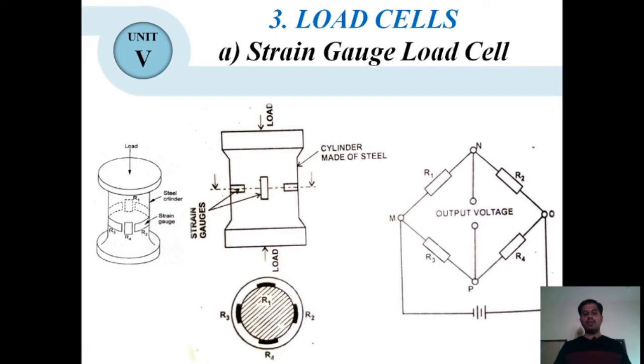So R1 and R4 measure the longitudinal dimensions, whereas R3 and R2 measure the lateral dimensions of the cylinder.